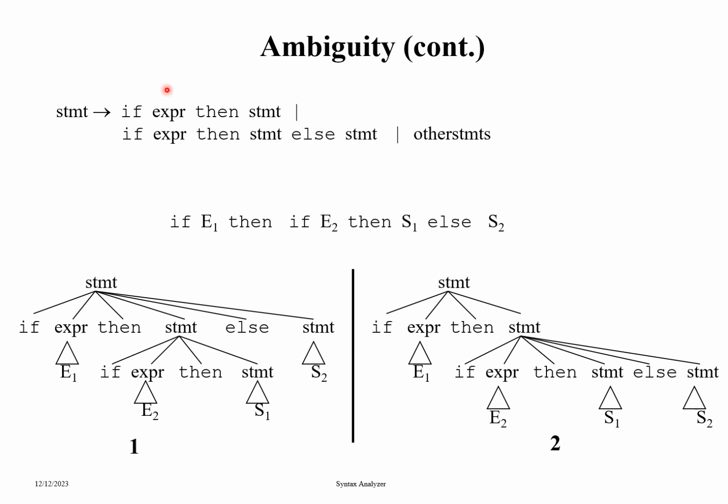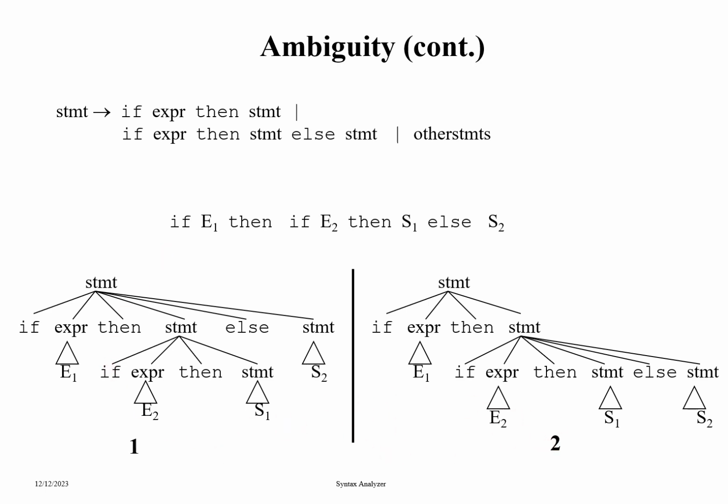Statement produces if expression then statement, so I am replacing this statement with if expression then statement. Similarly, again I can replace it with if expression then statement, and then replace the statement as if expression then statement, else statement. If I do so, I can possibly get this string from both parse trees.